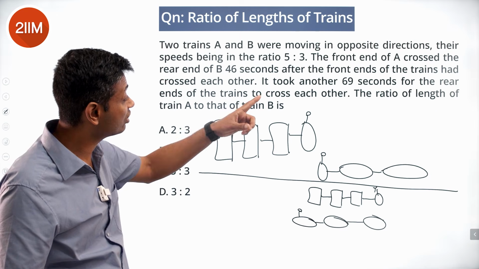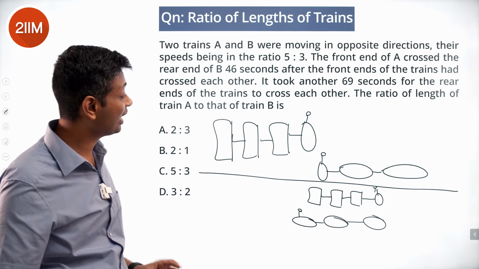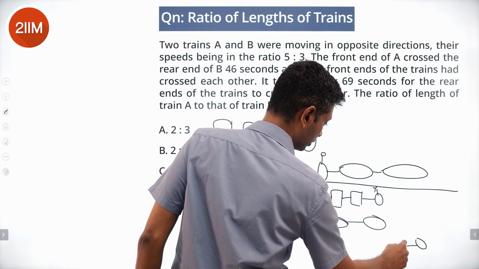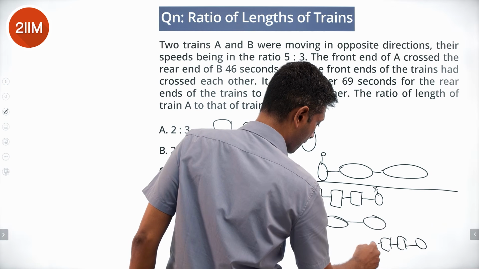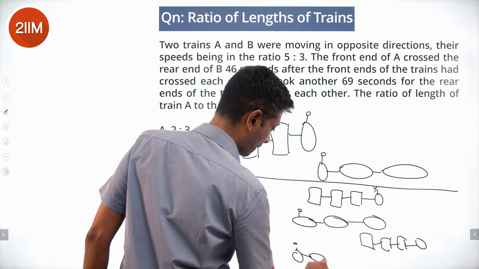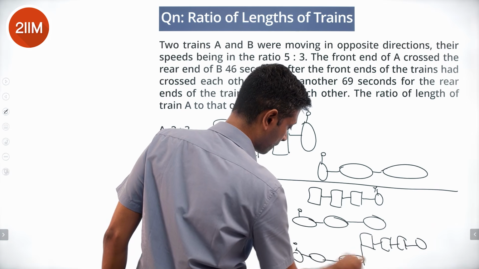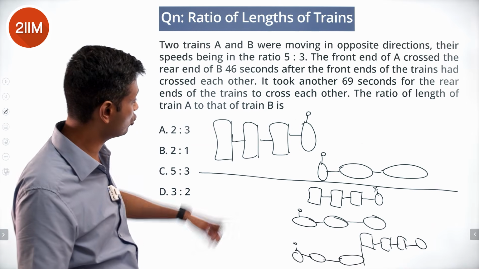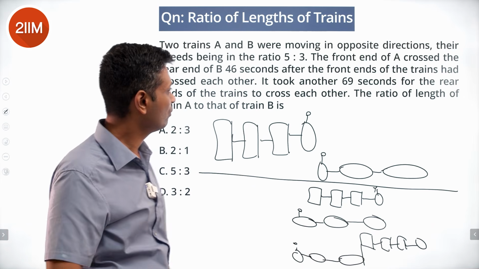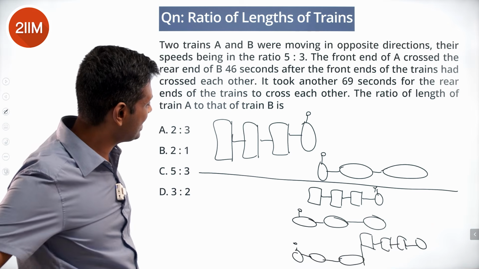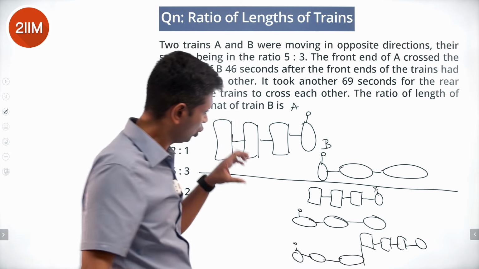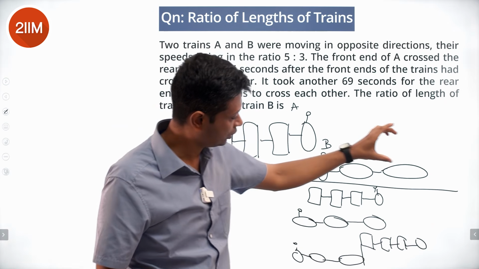It took another 69 seconds for the rear ends of the trains to cross each other. Another 69 seconds for this to go completely here. So 46 seconds to go from this state to this state, and another 69 to go from this state to this state. Very interesting. So this is train A, this is train B, and train A crosses and goes beyond.